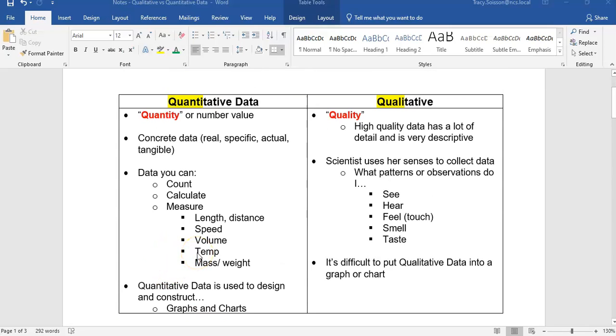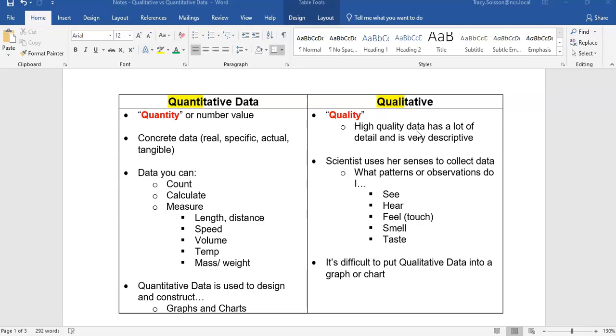Qualitative data, however, does not have to be a number value, but it needs to be good. It needs to be high quality data. In fact, the word, or at least part of the word, quality is embedded in the term qualitative. So the higher quality your qualitative data, the more reliable your data will be for the lab.